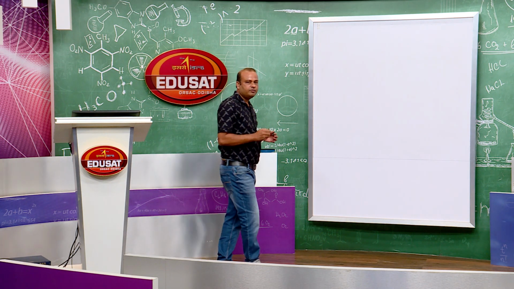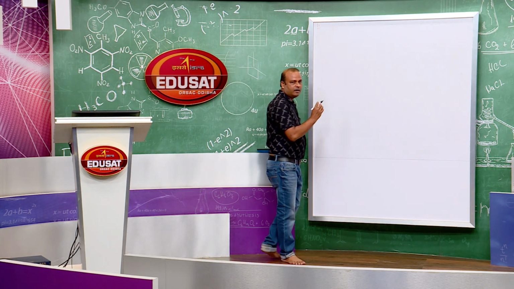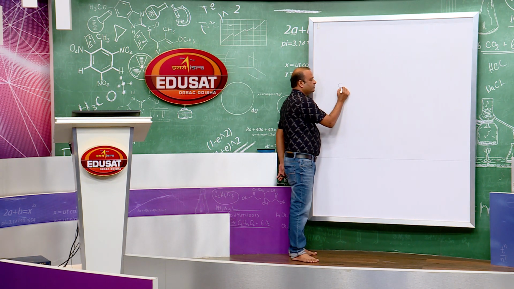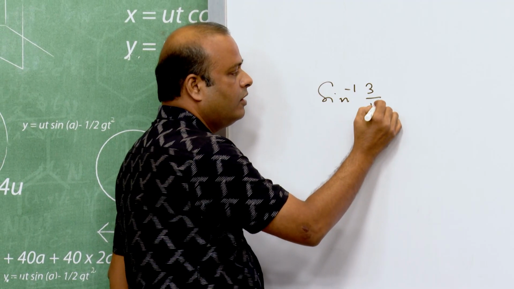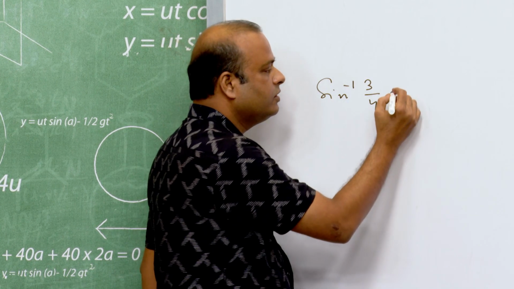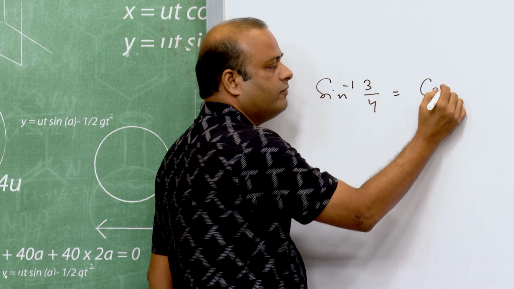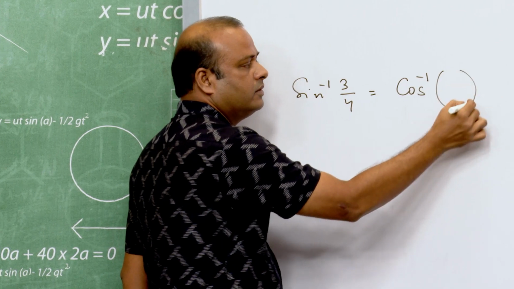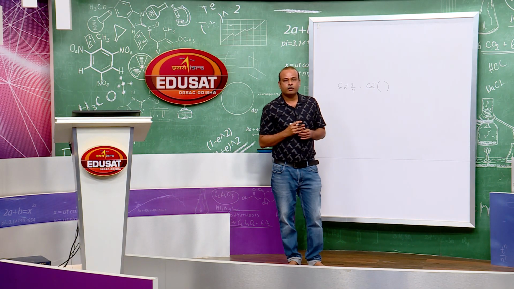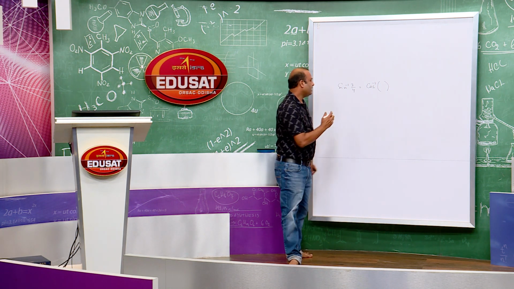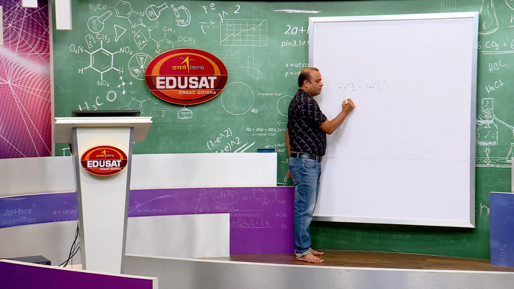Suppose you may not remember the formula, but you can write, say, sin inverse 3 by 5. I have to convert it to cos inverse. If you forget the formula, you can convert in this way also.